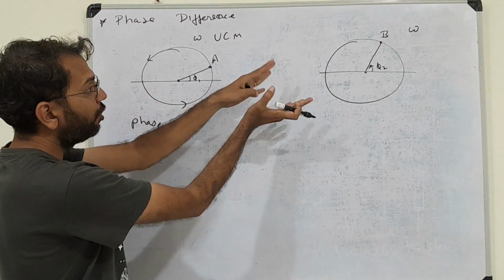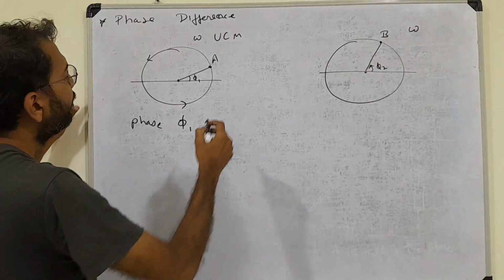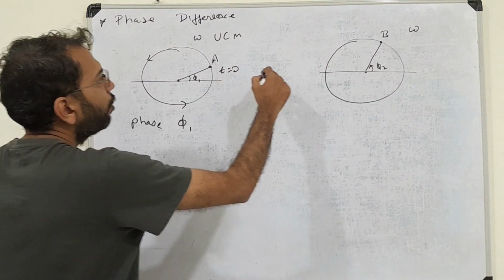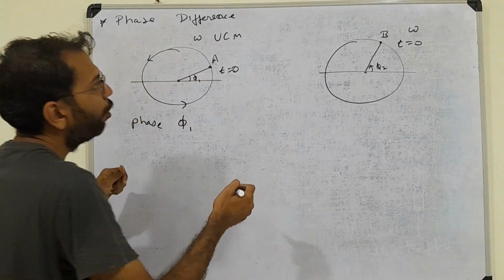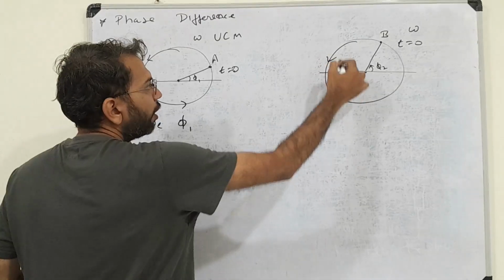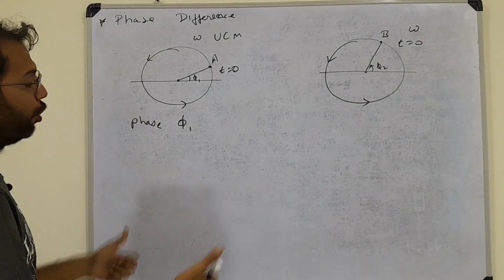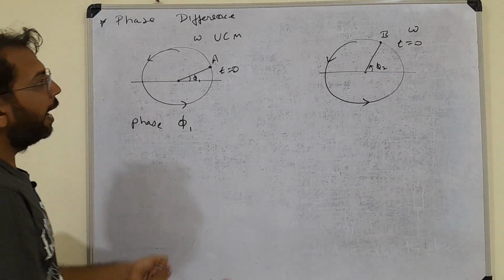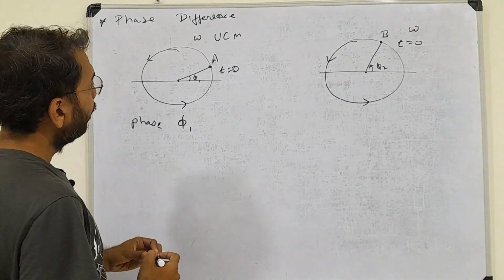Phi 2 is larger and phi 1 is smaller. And let's say this is the situation at time t is equal to 0, and this is as well at time t is equal to 0. So both are supposed to go in circles with the same angular velocity. So you start your stopwatch and the particles appear to move in circles.